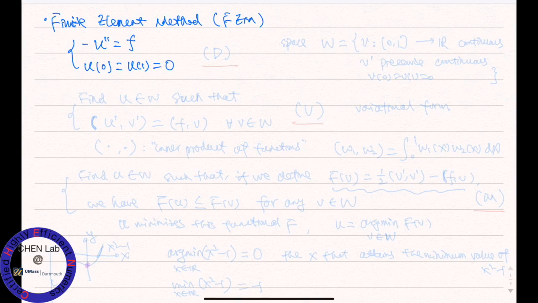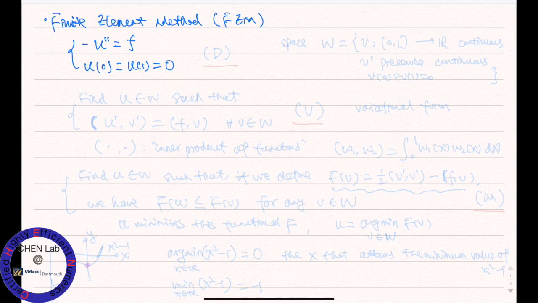And for us to talk about finite element, we would have to rewrite the problem in a so-called variational form. In this video, we're going to show that this equation is equivalent to the variational form and another form called a minimization problem.